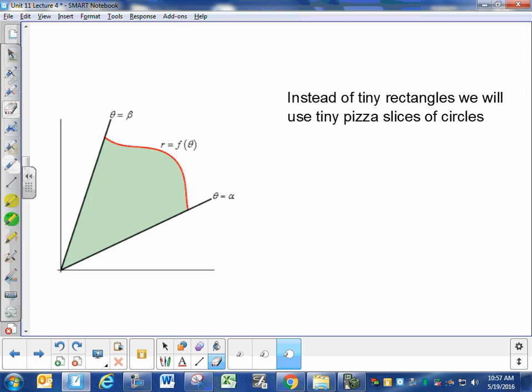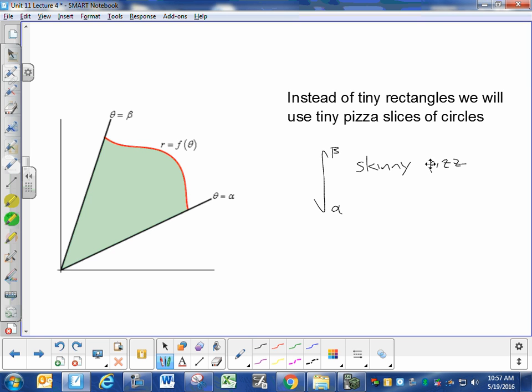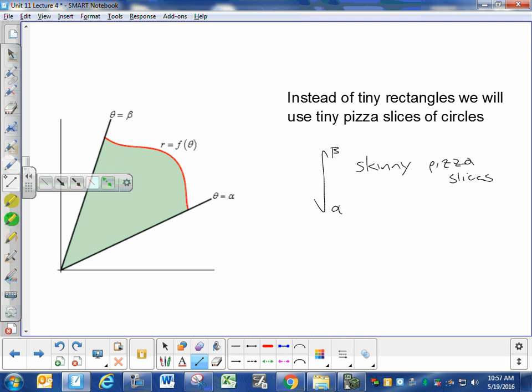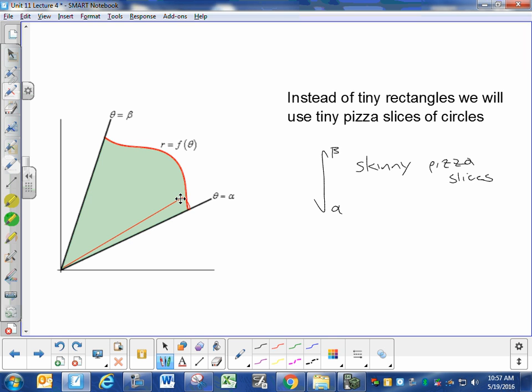Because instead of taking an infinite sum of skinny rectangles, we'll be taking an infinite sum from one angle measurement to another angle measurement of skinny pizza slices. What do I mean by pizza slice? I mean I'm going to take an angle measurement, come out here, and connect these 2 points with a circle, kind of an arc of the circle.